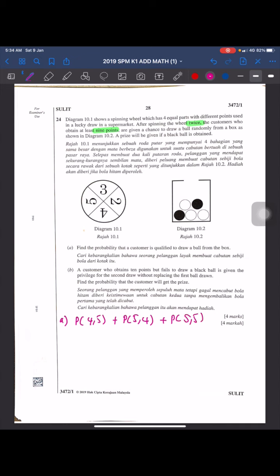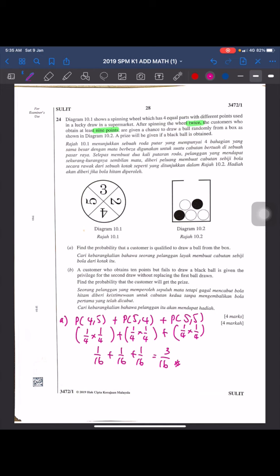Dapatkan 4 is 1 over 4 times 1 over 4. Ni pun 1 over 4 times 1 over 4. So 1 over 16 plus 1 over 16 plus 1 over 16, so kita akan dapat 3 over 16. Untuk soalan ni kalau nak guna kaedah yang grid tu pun boleh, tak ada masalah. Dia akan dapat jawapan yang sama.